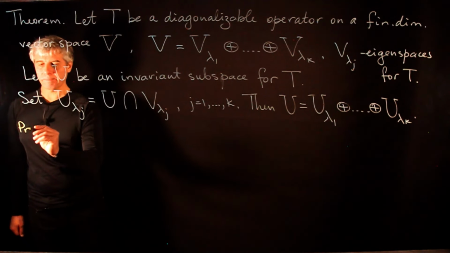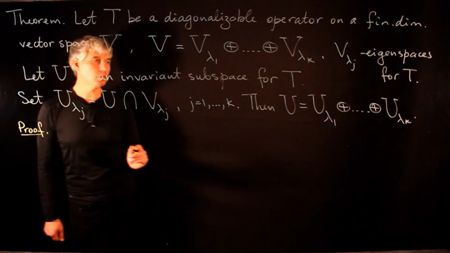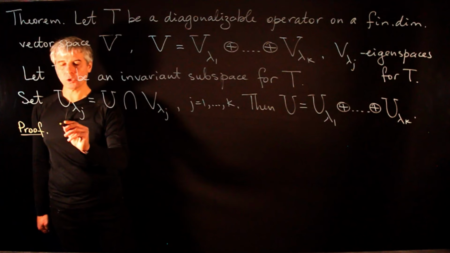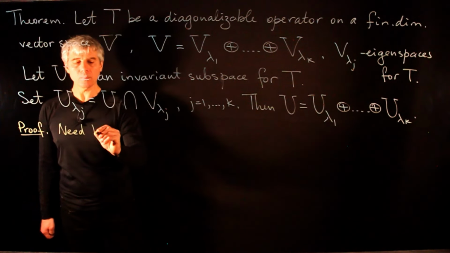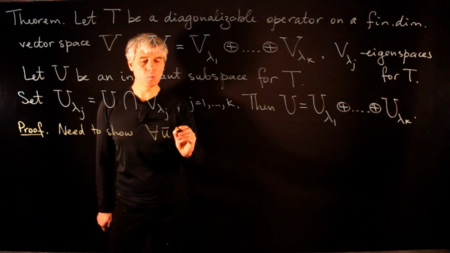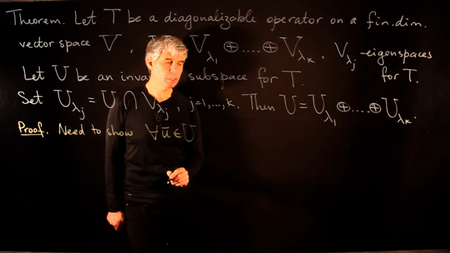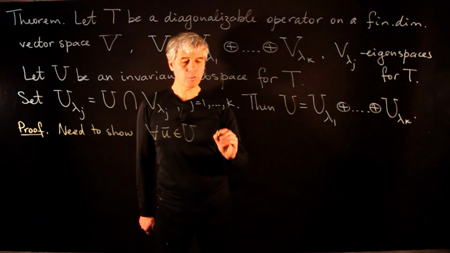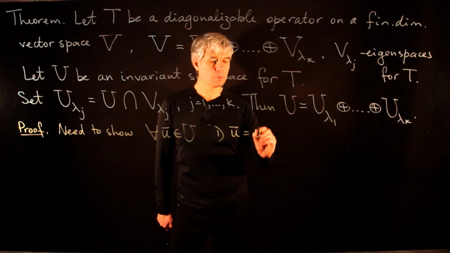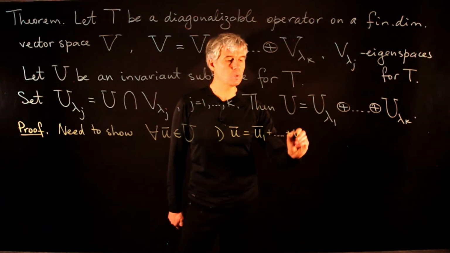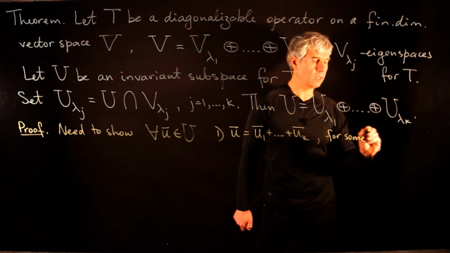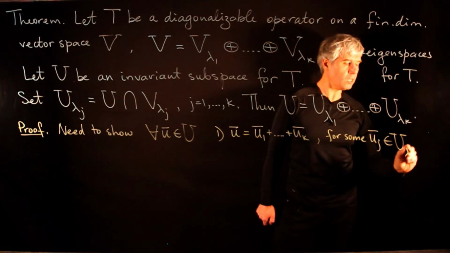Let us prove this theorem. So what do we need to prove? We need to prove that U is this direct sum. So this means the following, that we need to show that for every vector u in this invariant subspace U, two things hold. First, that we can decompose u as the sum u1 plus ... plus uk for some vectors uj in the spaces U lambda j.